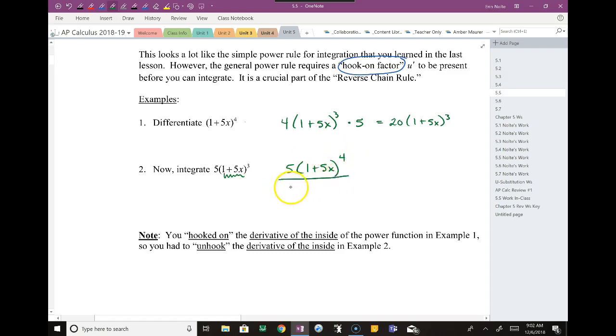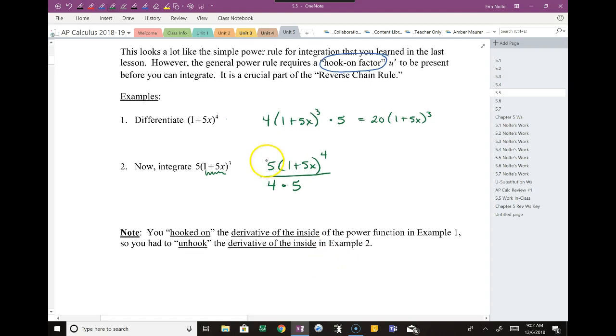And I'm going to divide by 4, because I always divide by that new exponent. Now I'm also going to divide by the derivative of my inside. What is the derivative of my inside? 5. Now we're dividing by that piece.